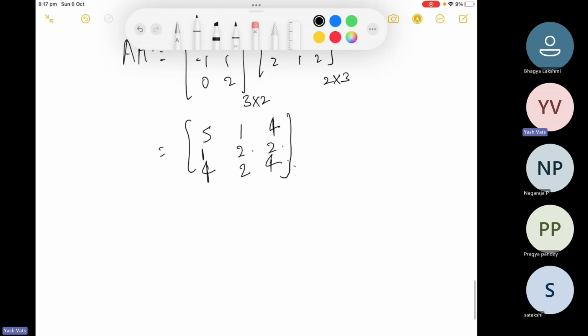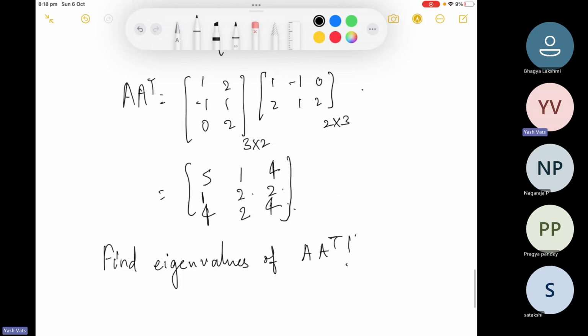So that is your A A transpose. Just find the eigenvalues of A A transpose. That will be your singular values of A.